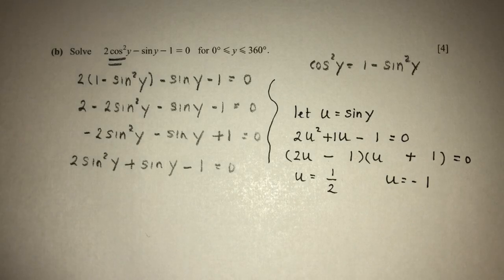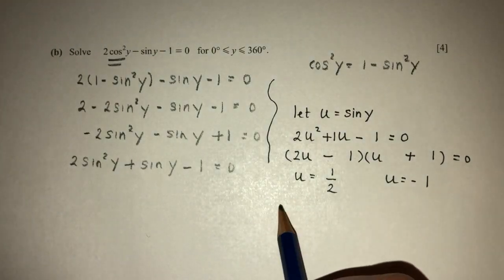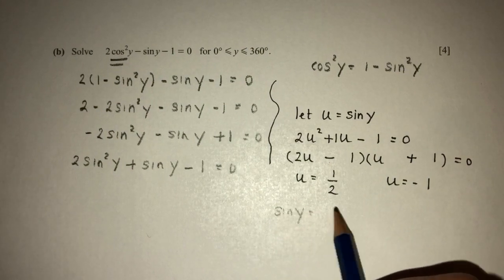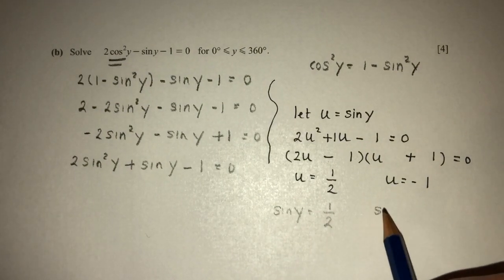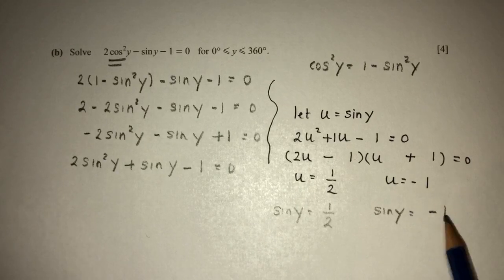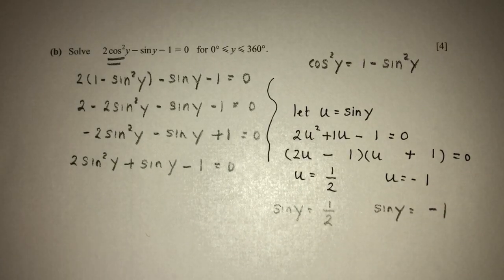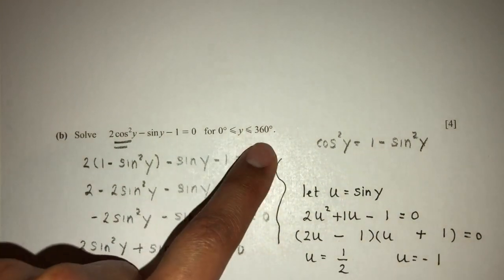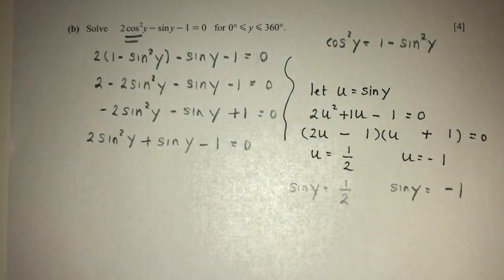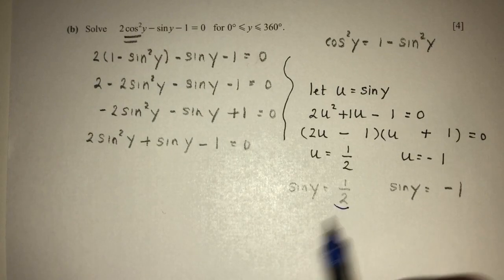Now again, we are not trying to find u, we are trying to find y, so we place back the value of sine y. So sine y will be 1 over 2, and sine y will be minus 1. So now we have to solve these equations to find the value of y. Y is between 0 and 360. So let's do that one by one. So for this one, it is a positive value.